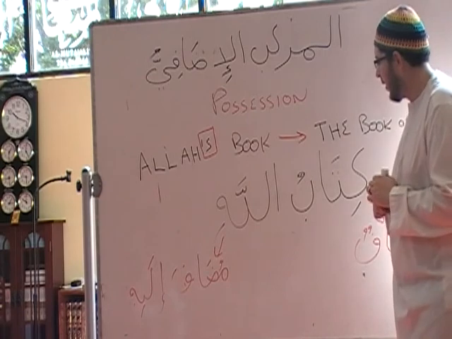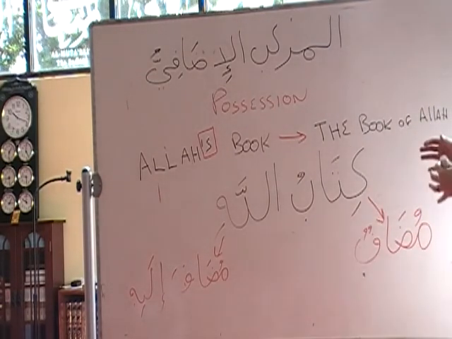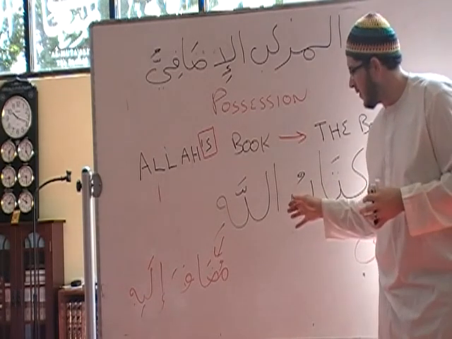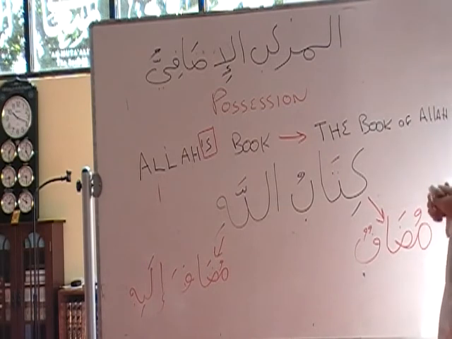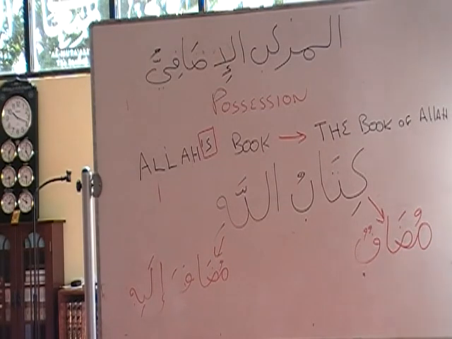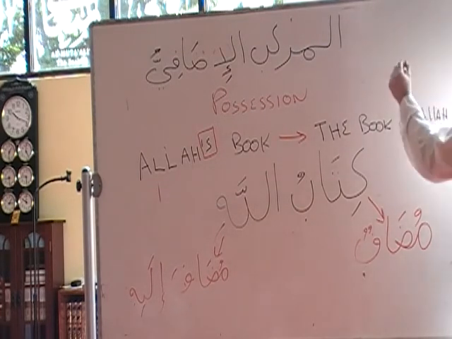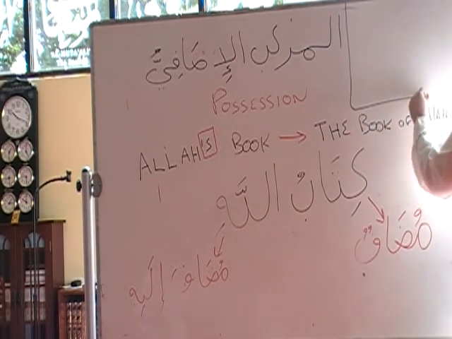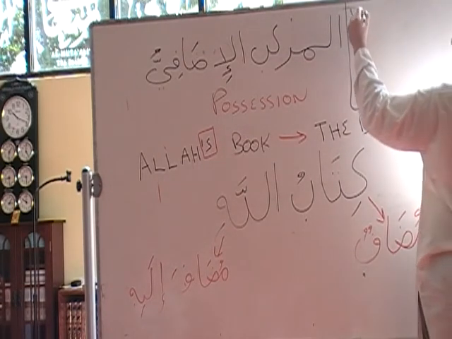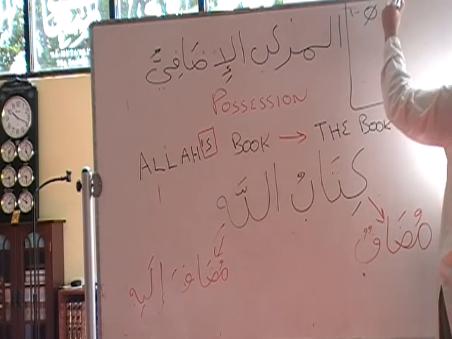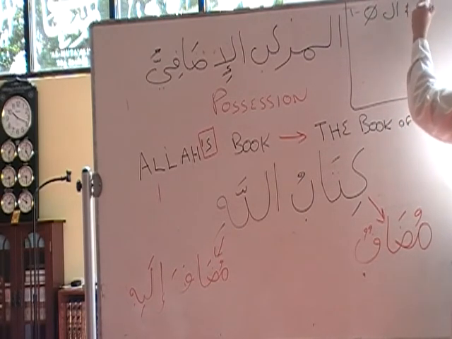How is it that you may recognize that these two words indicate that Allah is the possessor and Kitab is the thing that's being possessed? So the unique thing about these words, and I'll write it up here in a little bit smaller print, is what are the rules. So the rule is for the mudaf, there is no alif lam and no tanween.